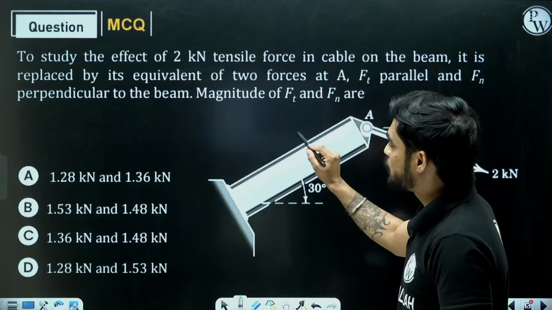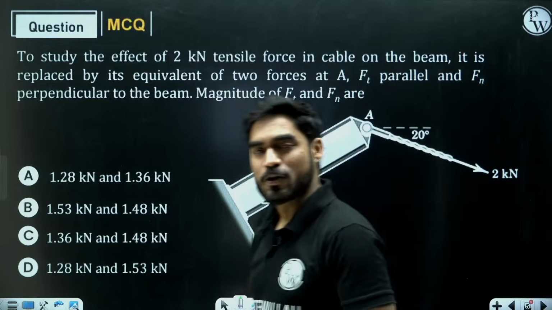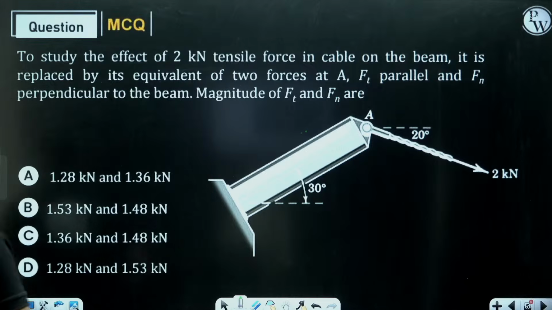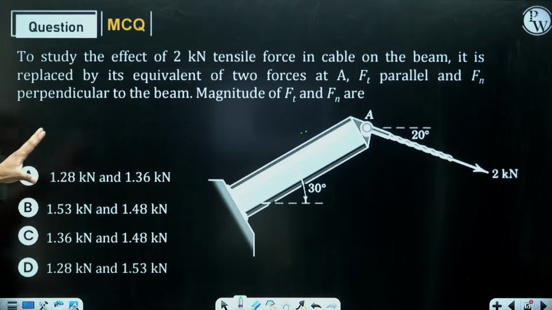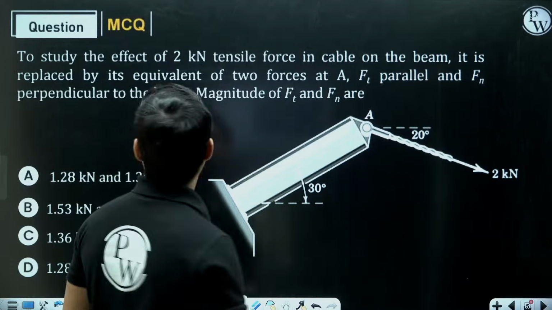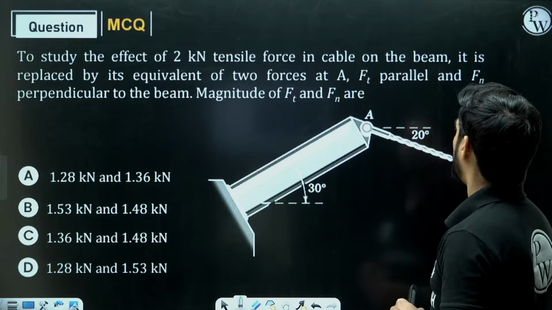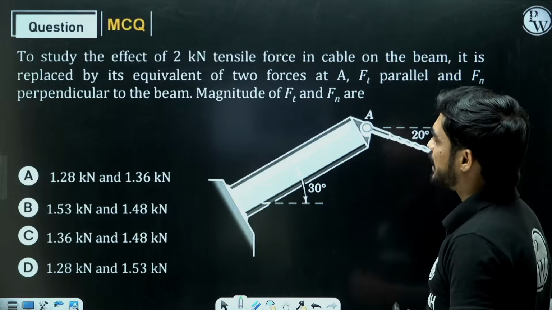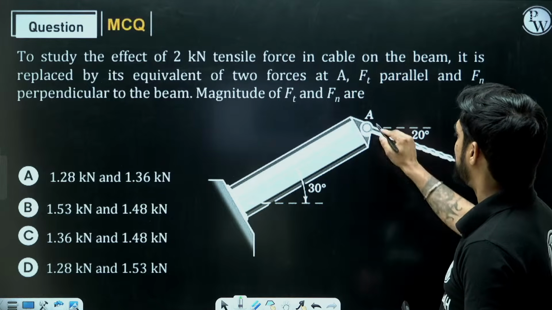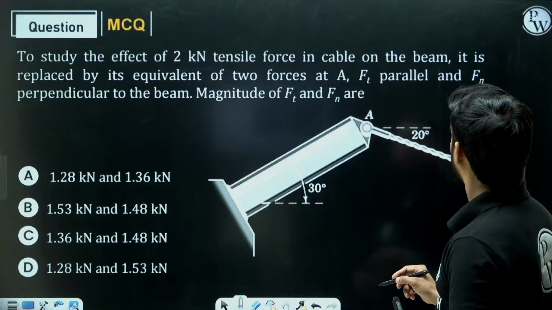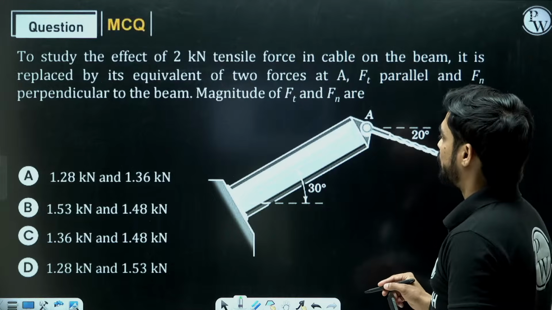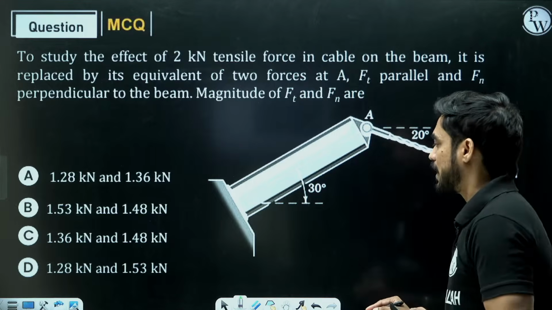Now I gave you a question on the basis of resolution of a force. This was your assignment. I hope that you have solved this question. To study the effect of 2 kilonewton tensile force in a cable on the beam, it is replaced by its equivalent of two forces at A, Ft parallel and Fn perpendicular to the beam. Magnitudes of Ft and Fn are, okay.